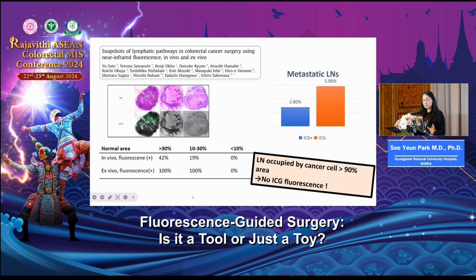However, when the lymph node is occupied nearly fully by cancer cells, the ICG cannot pass through that lymph node. So an ICG fluorescent lymph node is not always a metastatic lymph node, and ICG cannot always enter a metastatic lymph node. So ICG fluorescence imaging has limitations for lymph node evaluation.